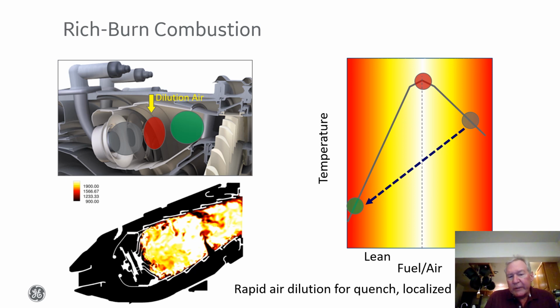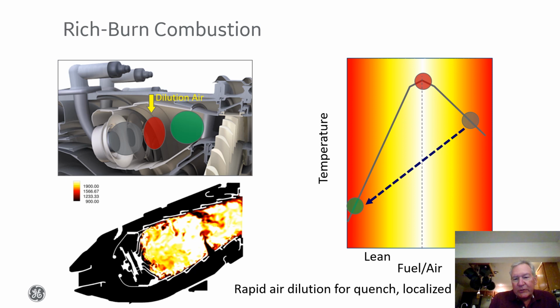So we start fuel rich, and then with this air dilution that comes through the liner and rapidly mixes and burns out the excess fuel and also dilutes the mixture to end at a lower overall mixed and burned temperature.